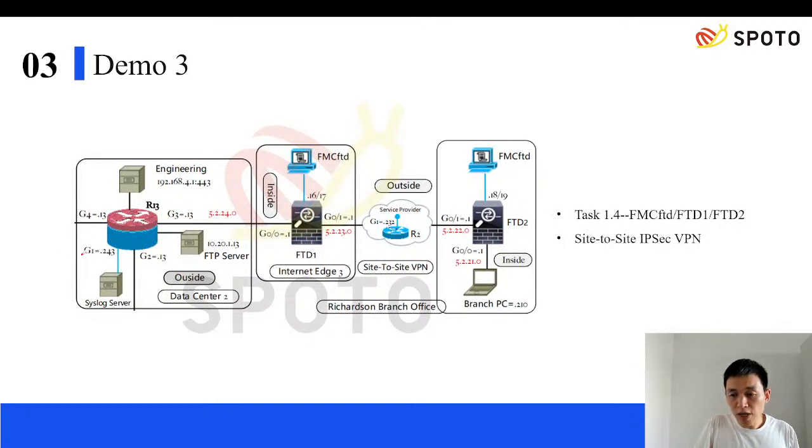Okay, now let's talk about demo 3. Demo 3 here is about an independent task, task 1.4. It is asking to deploy a site-to-site IPsec VPN between FTD1 and FTD2 through FMC.